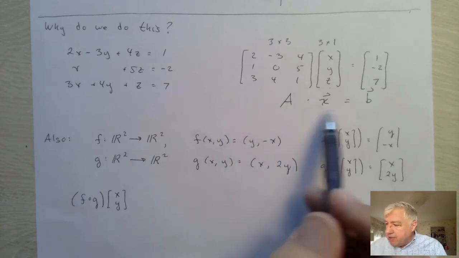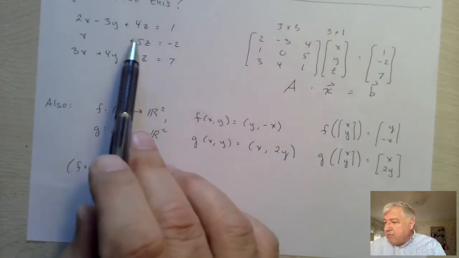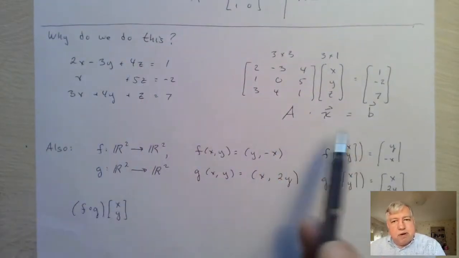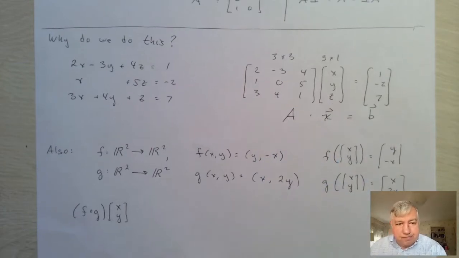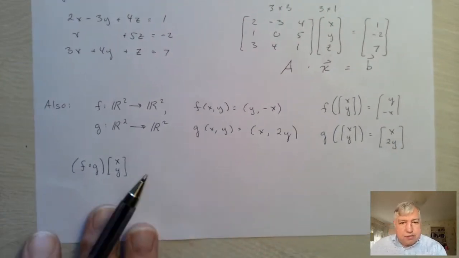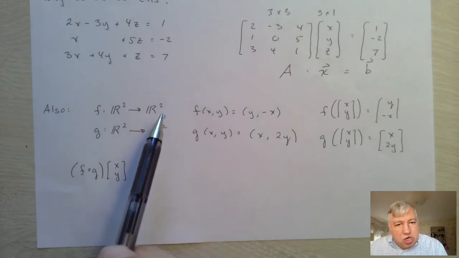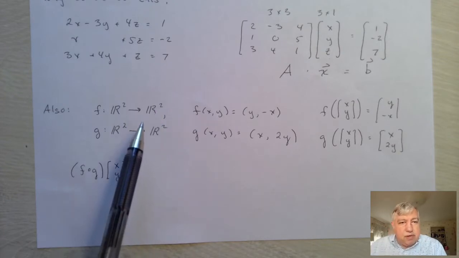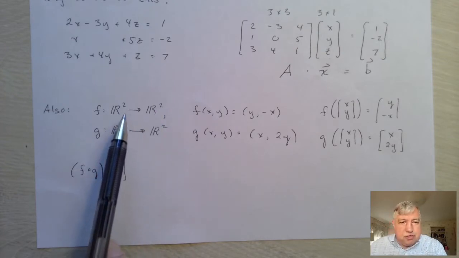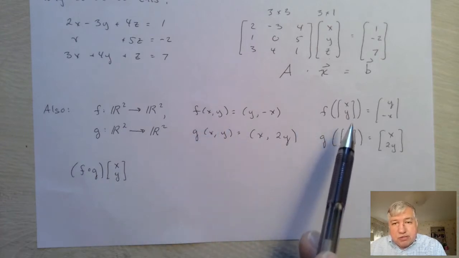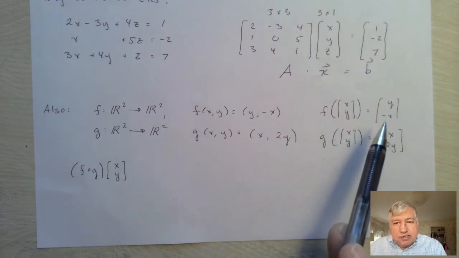Okay, but this is one reason we can represent every system of linear equations as a matrix equation like this. Another reason why we do this, and we're jumping ahead of ourselves a little bit here, is that we can define two functions going from R2 to R2. f sends (x, y) to (y, -x).